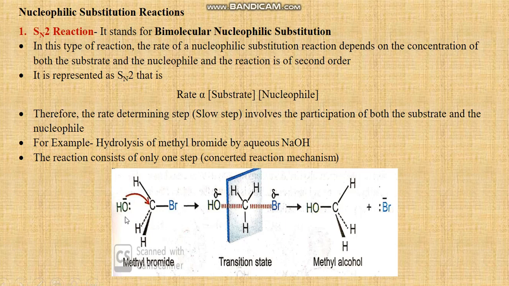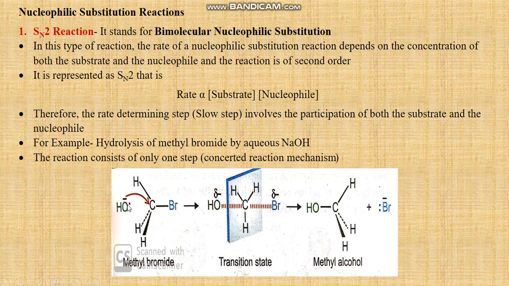In this reaction, the hydroxide ion approaches from the rear side only, because if it approaches the central carbon atom from this side or this side, the bromine atom, being electronegative, repels the nucleophile, and as a result the product will not form.